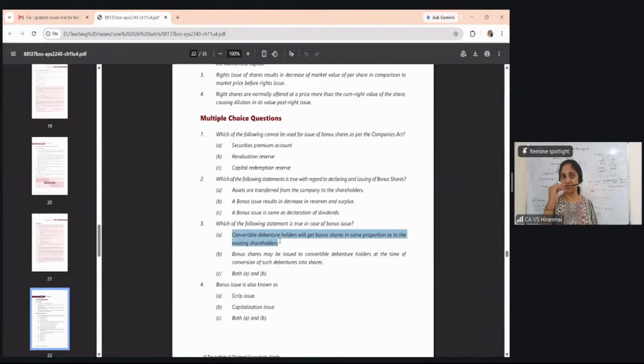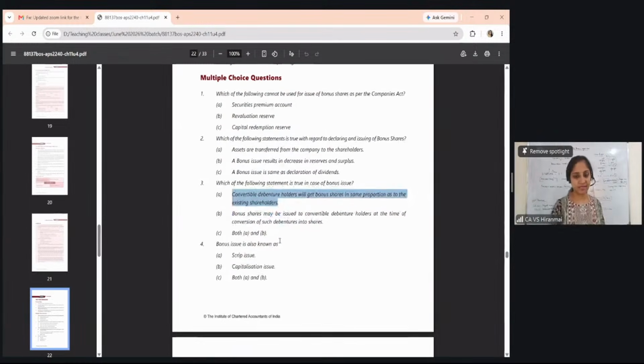Whenever you can convert the debentures, you give an option to the debenture holder, stating that at some future date you can convert the debentures into equity shares. So you become the owners directly. When they become equity shareholders, yes, bonus shares will also be issued to them once after conversion. Both A and B are correct.